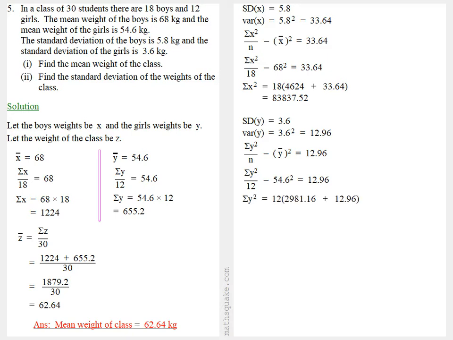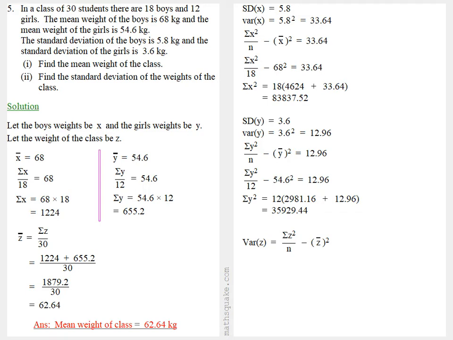So sigma y squared is equal to 12 into 2,981.16 plus 12.96, or 35,929.44.